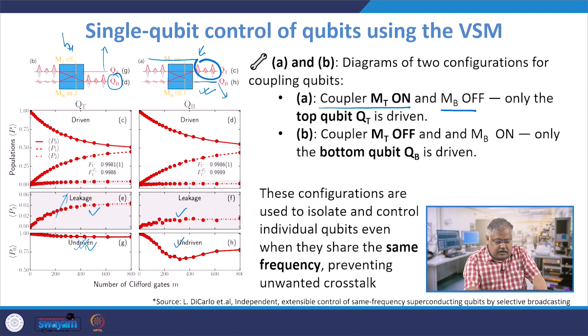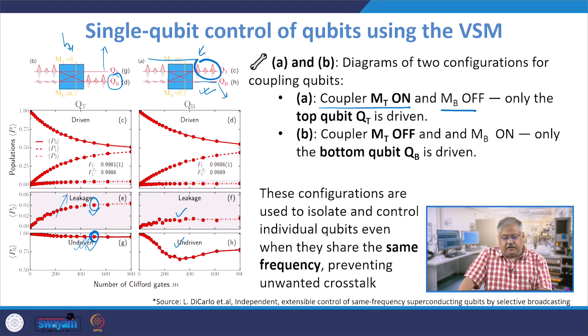In the case of undriven, the probability of occupancy or population is very low. We are comparing that with the number of Clifford gates; at this stage don't worry, these are some types of gates. As the number of gates increases, the leakage increases whenever your QT is driven, but your undriven state has no influence. The probability of population is always 1 here.